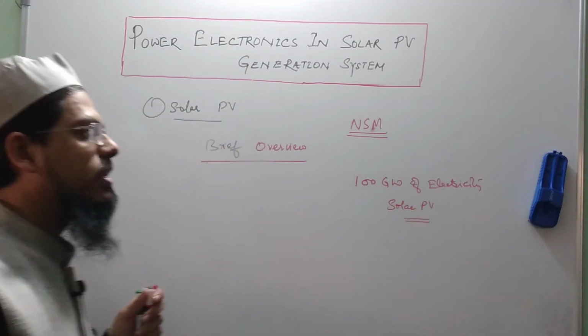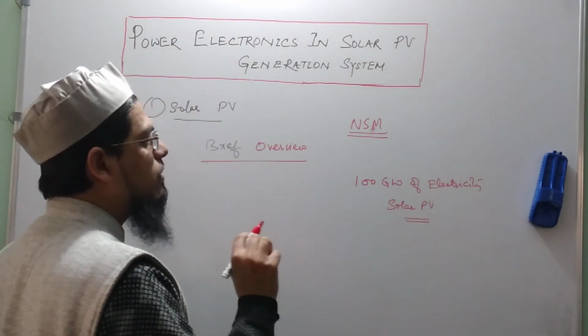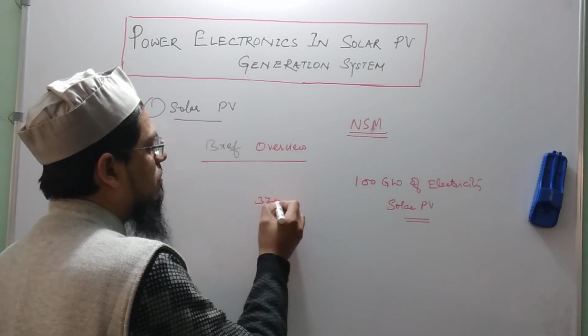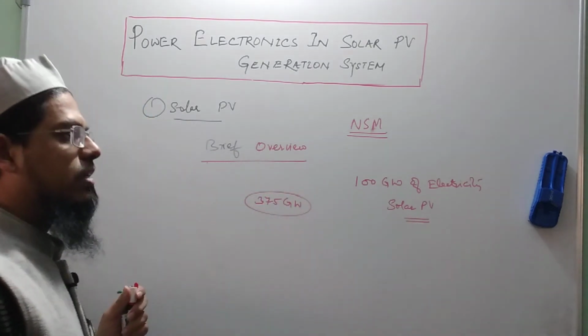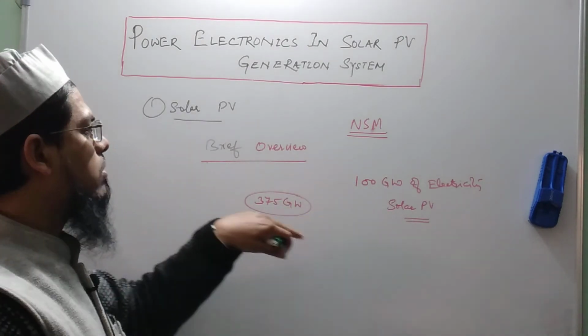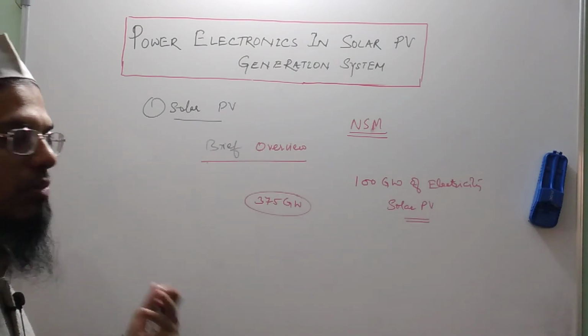That is a big number, because the total installed capacity in India is around 375 gigawatts, not an exact figure. So compared to this, 100 gigawatts is almost one fourth of the generation from solar PV alone. That's a big number.